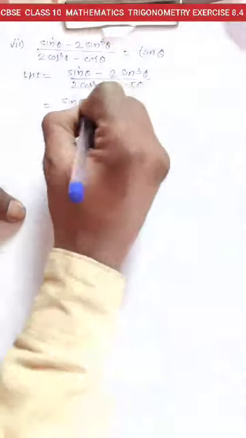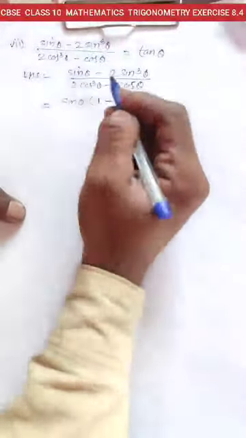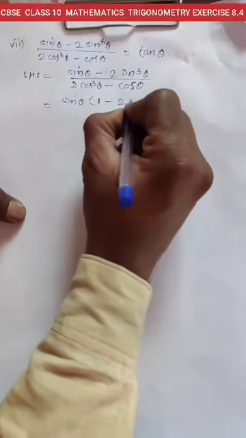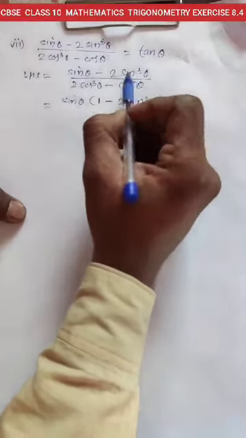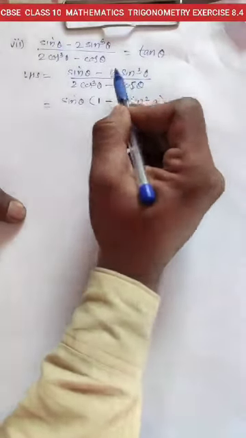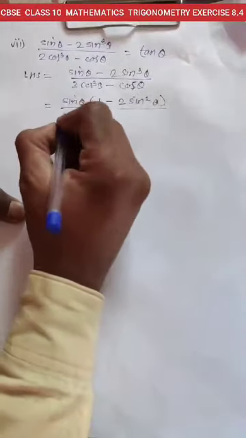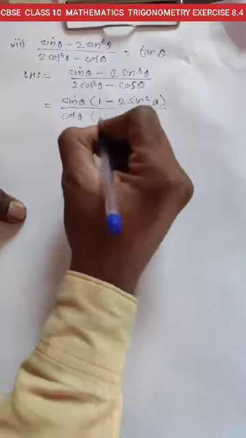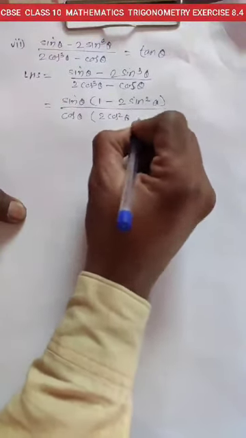What will be the value present in the numerator? 1 minus 2 sin square theta. Why sin square? Because there is a sin cube and sin is taken common, so the remaining is sin square. In the denominator, cos theta is common, so 2 cos square theta minus 1.